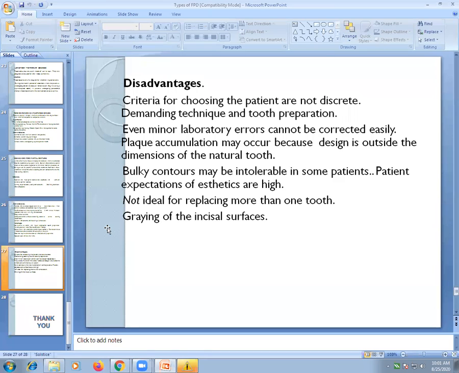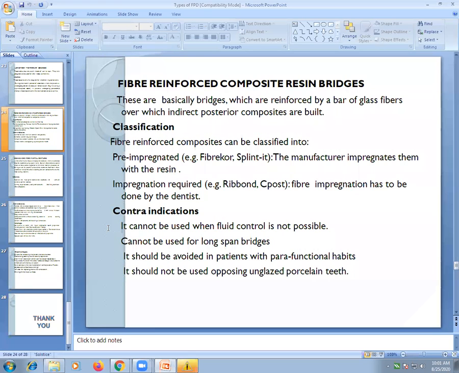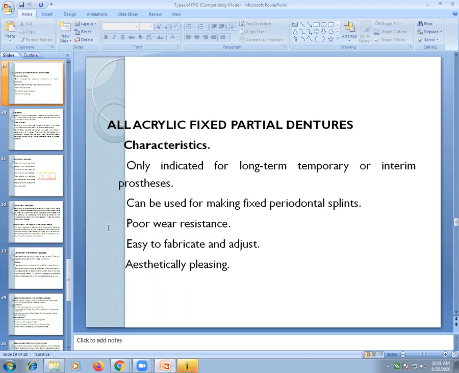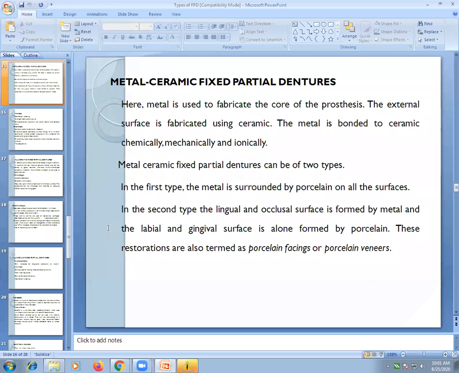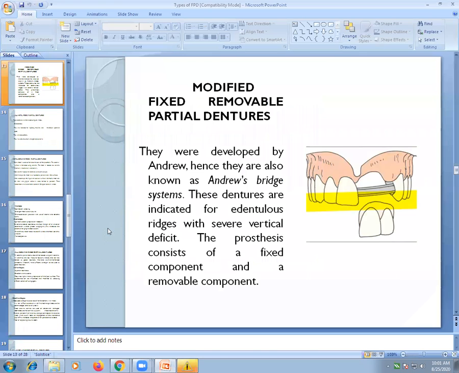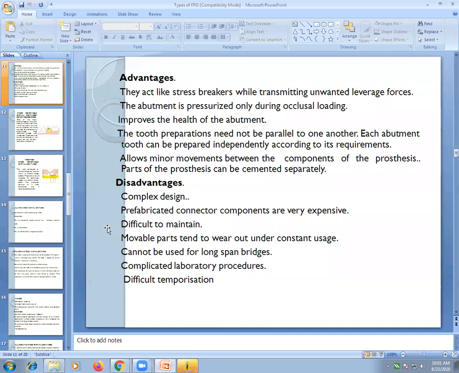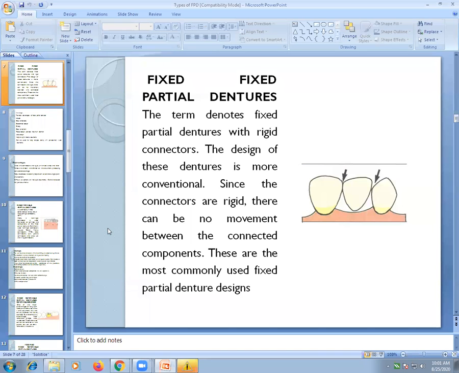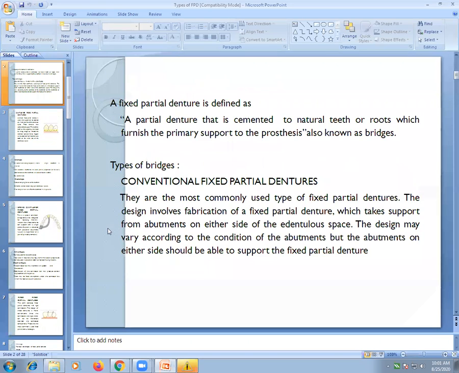From start to last, we have discussed so many types, so you have to remember all these types, in which the special types are resin bonded fixed partial dentures, fiber reinforced composite resin bridges, then veneers, all acrylic fixed partial dentures, all ceramic fixed partial dentures, all metal or metal ceramic fixed partial dentures, then modified fixed removable partial dentures, fixed removable partial dentures, then fixed movable partial dentures, spring cantilever fixed partial dentures, cantilever fixed partial dentures, and conventional.